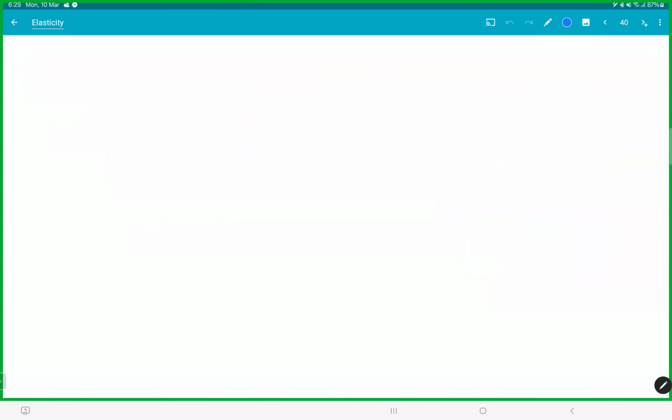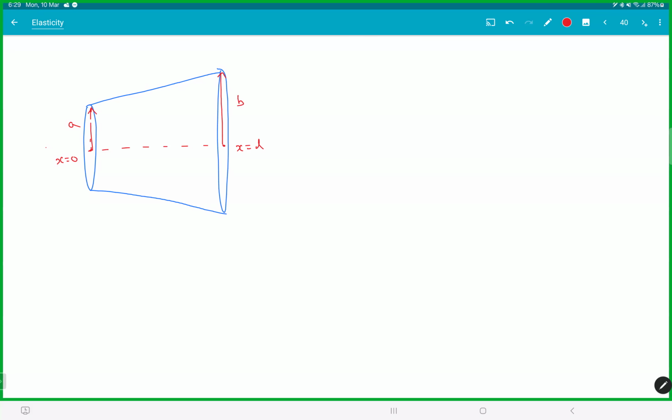Let me help you. Let's start with this. This question is important because it comes in 3 different chapters. So let's take this point as x comma 0 here, and this is x is equal to L. This radius was A and this radius was B. At some distance x, you can take a thin disk. Can you find the radius R of this thin disk?